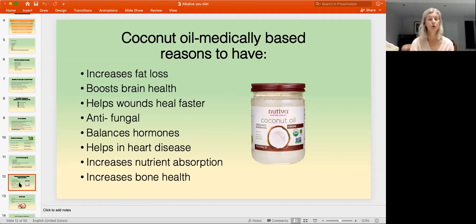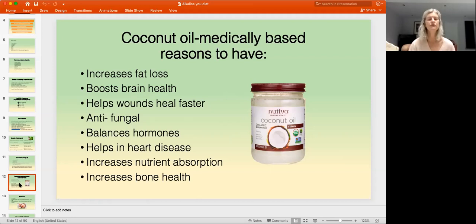It helps to balance your hormones, helps in heart disease. It's not a bad fat from the point of view of heart disease. There was an article in the British Medical Journal that supported the fact that it's good for the good cholesterol, it's not a problem from the bad cholesterol, because there has been some bad press about it. But this article has only been in the last couple of years.